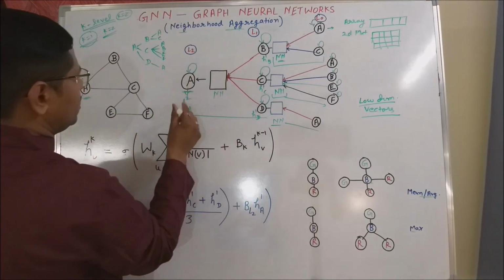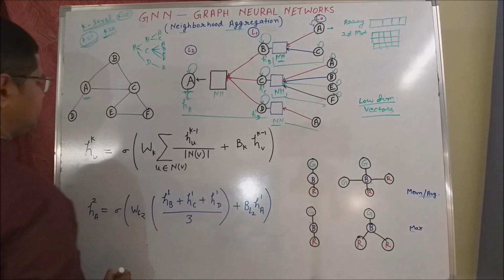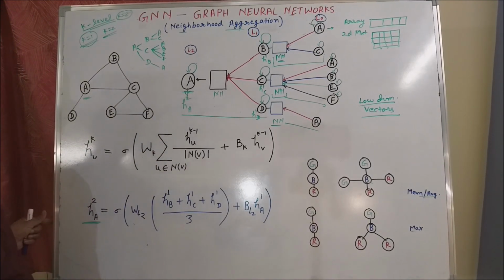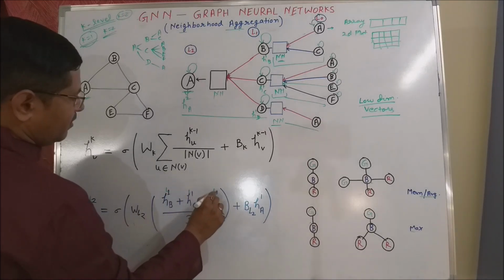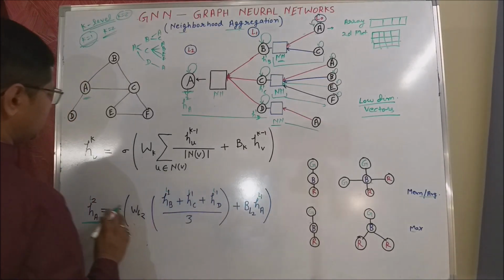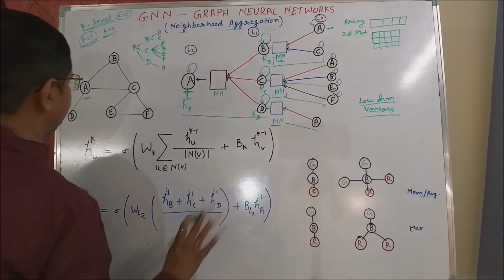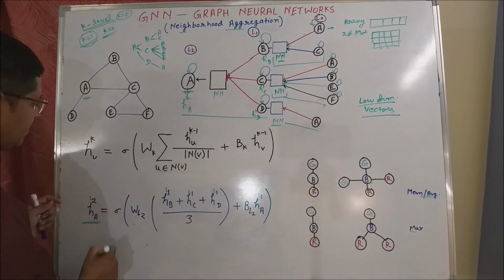So now how to compute the outcome at A? So outcome at A will be computed as, this is not a square, this is layer 2. Okay, so better to write it like L2, or it is like L1, L1, L1. So don't confuse it, there is no square here. This is a layer.